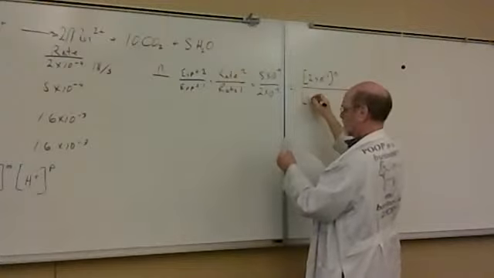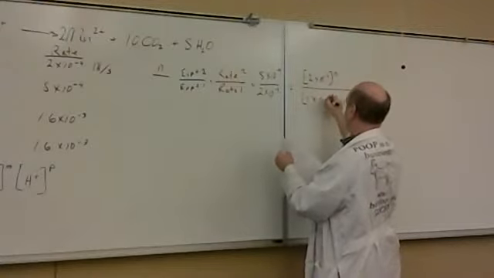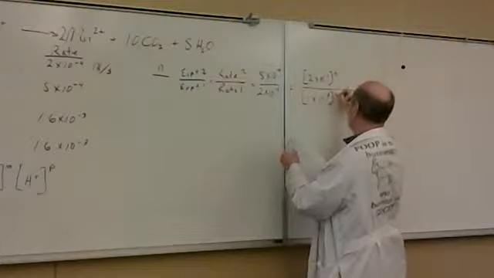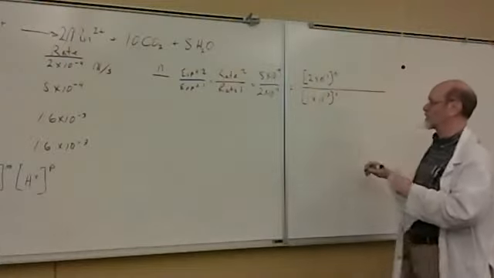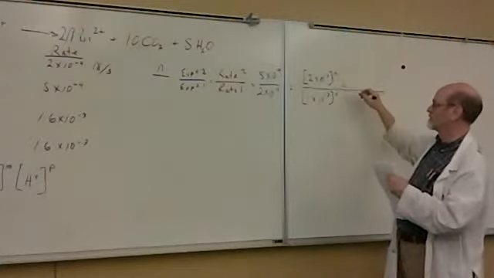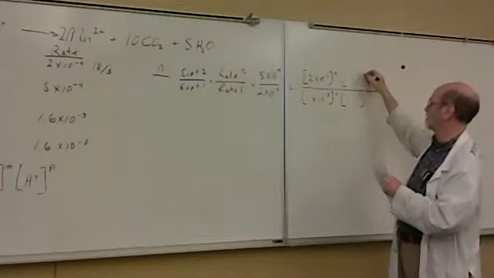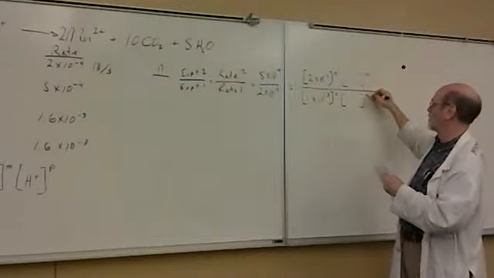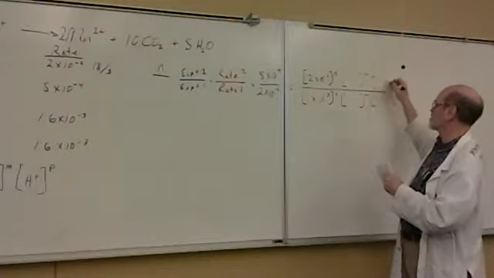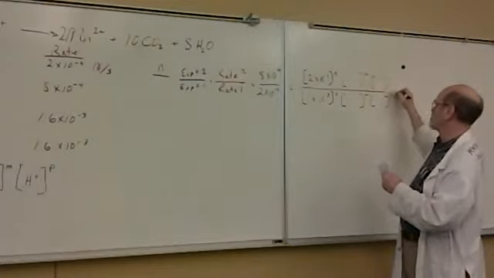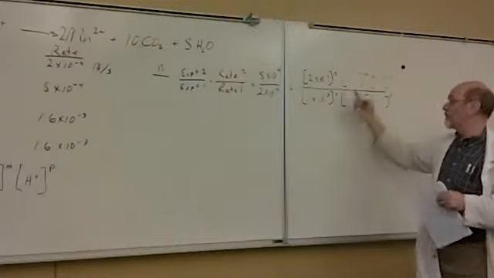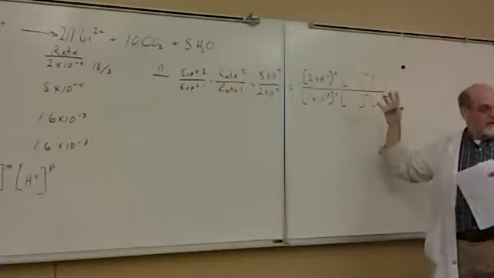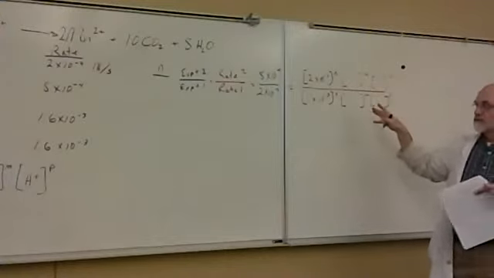And for the first one, it's 1 times 10 to the minus 3 to the n power. Now, what are the others? They're the same, right? Because we held them constant. Right?